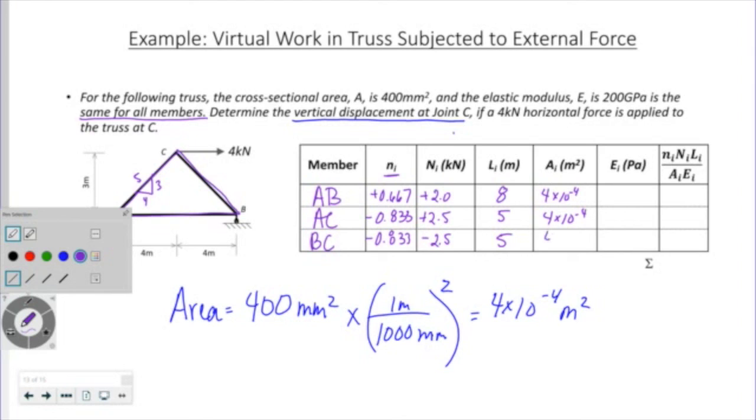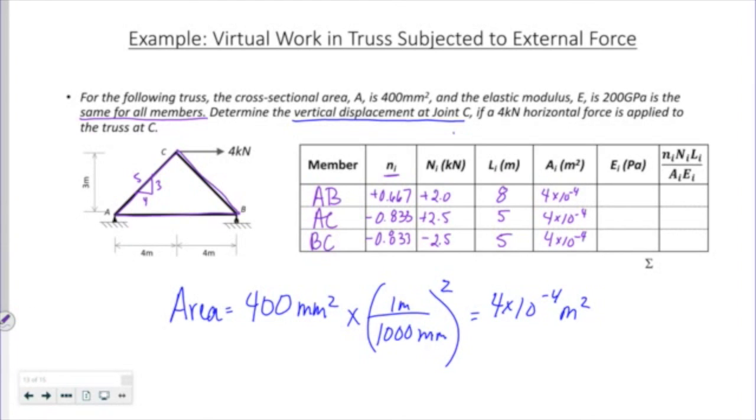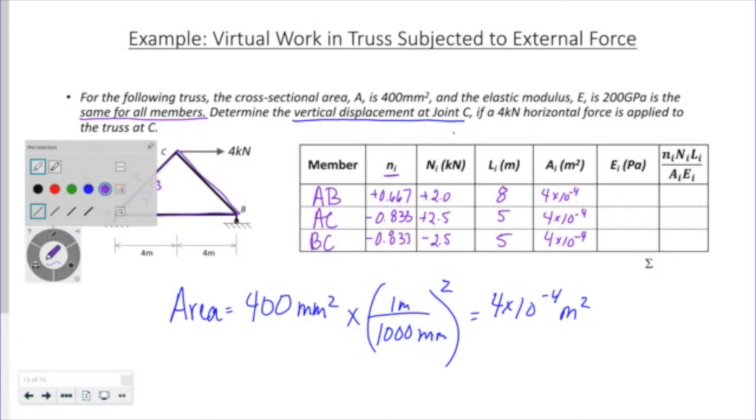Now my elastic modulus is the same for all members as well, and I want to actually get it in kPa, and you'll see why in a minute.